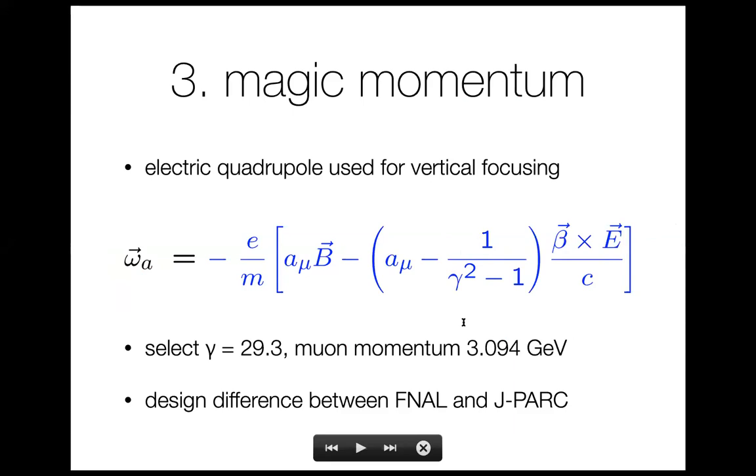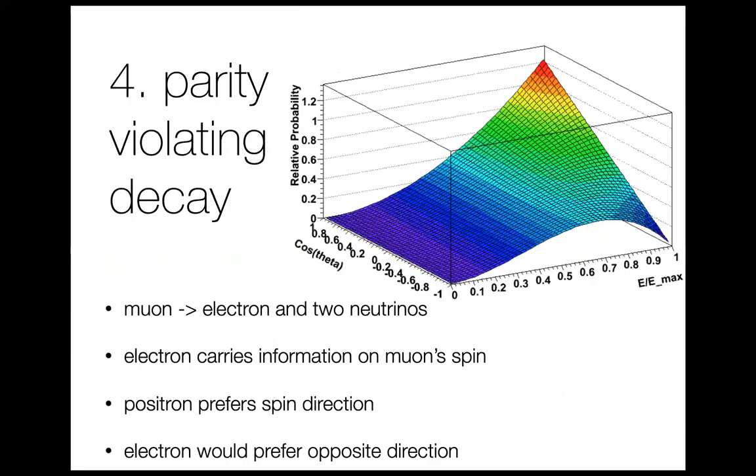It's not the only way to get rid of the term. The other one would be to cancel E, and that's the design difference between the muon experiment at Fermilab and J-PARC. I'll talk about the differences in a couple of slides.